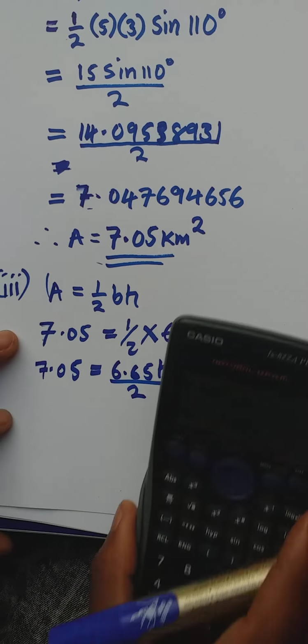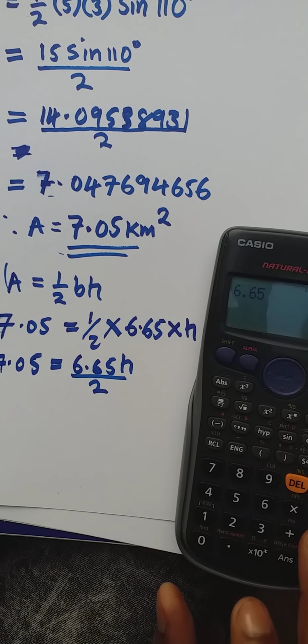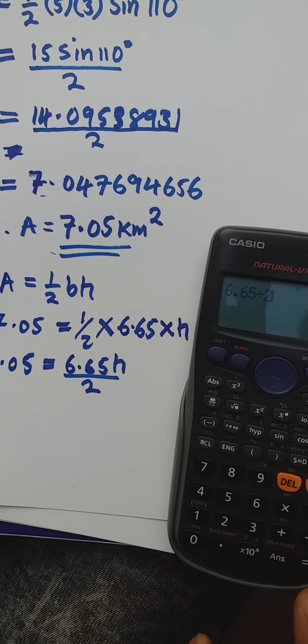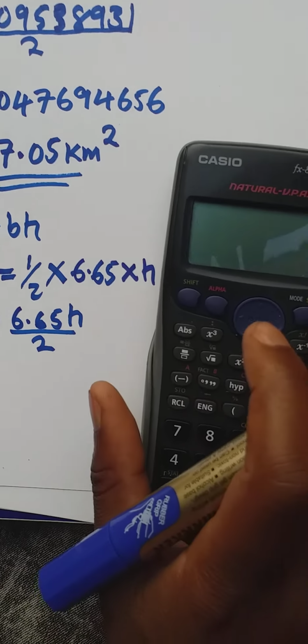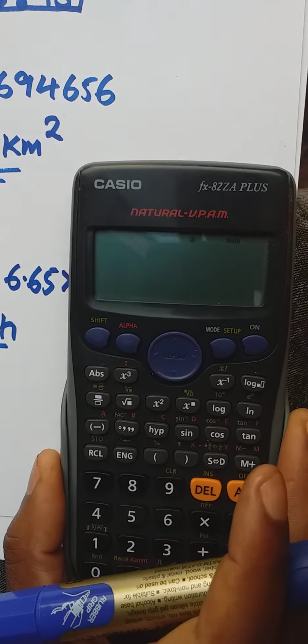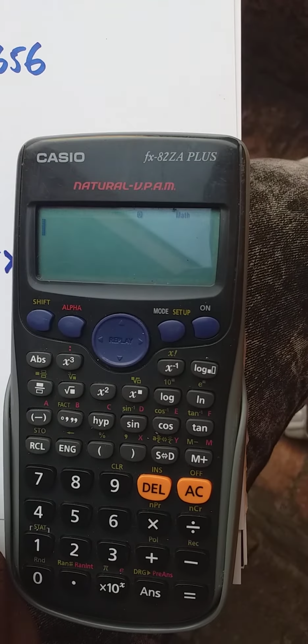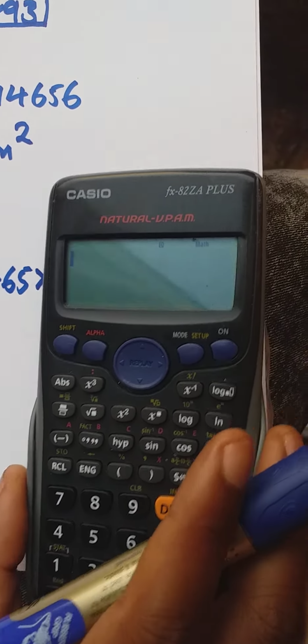Okay, so when we divide the 6.65h by 2, what do we get?